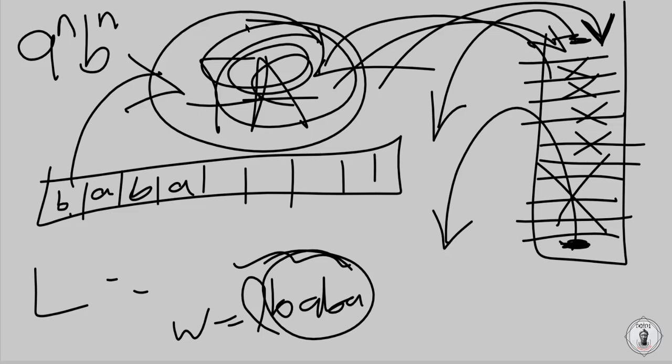Let me erase all this so that we have more space to work. We have a^n b^n such that n is greater than 0. This is one scenario, and it could also be n greater than or equal to 0. It could be anything, it's just a language. So this is the rule.